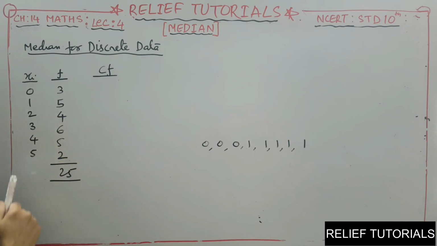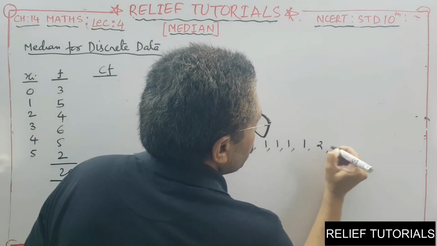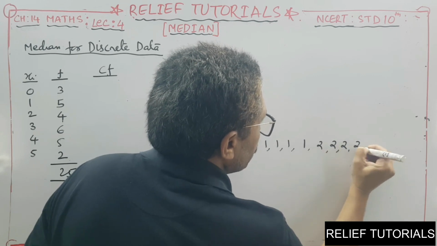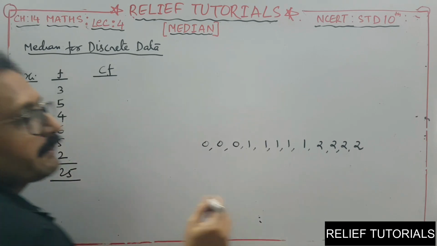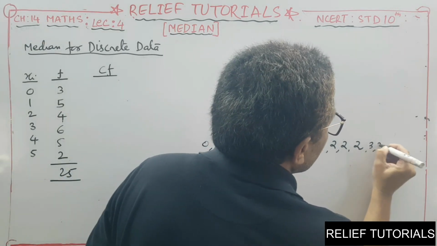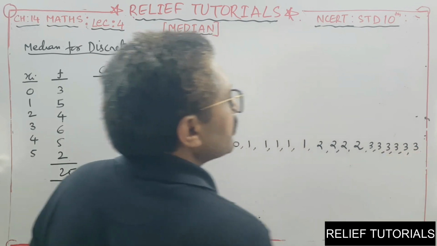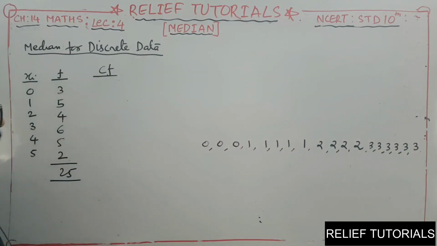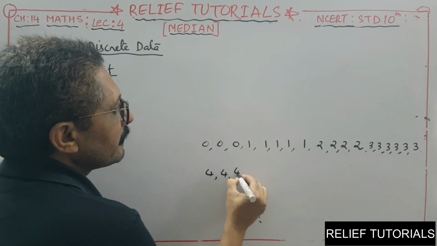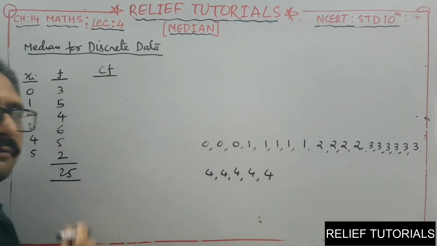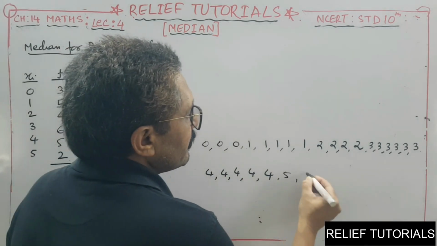How many students got 2 marks? 4 students: 2, 2, 2, 2. There are 6 students who got 3 marks, 5 students who got 4 marks, and 2 students who got 5 marks.